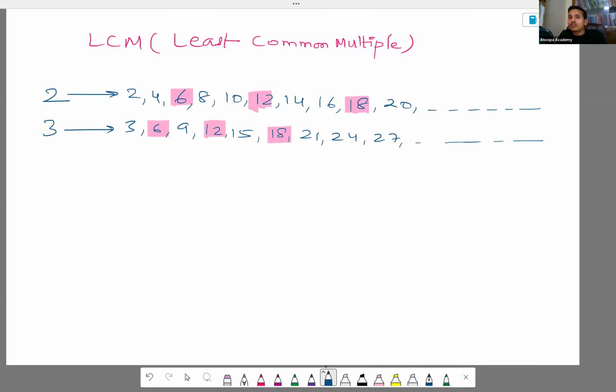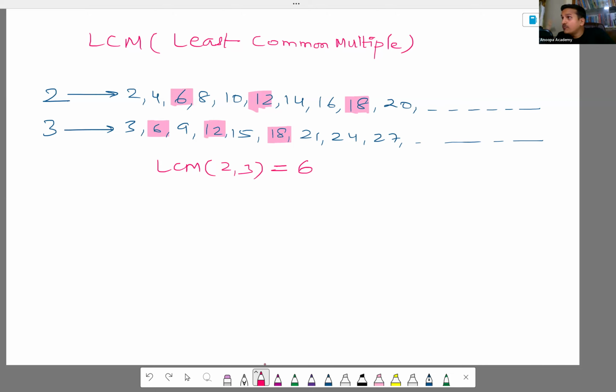I have taken only a few numbers. Now, out of all the common, which is the least one? Least one is 6, right? So, LCM of 2, 3 is nothing but 6. Okay. LCM is least common multiple. Least common multiple is 6.